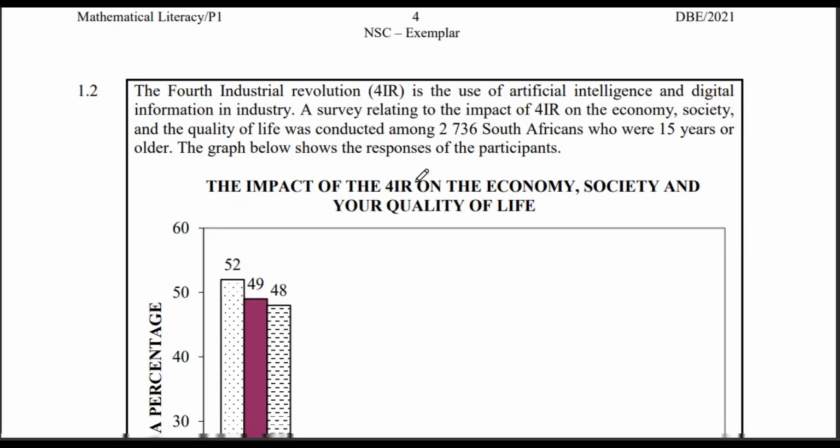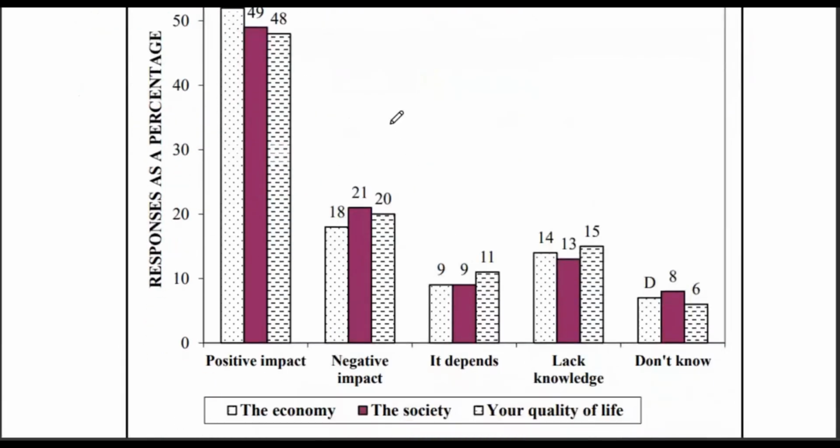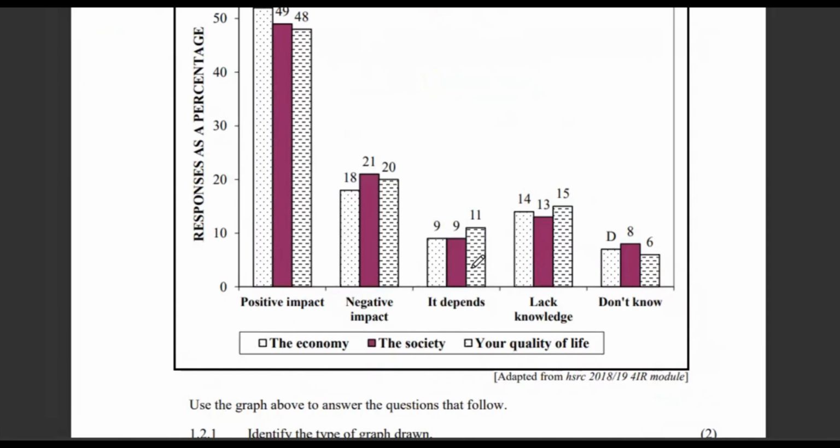We go through it and they're asking now. You look at this and analyze the graph nicely. The first bar here is showing the economy. This is showing the society. Then this is showing your quality of life. You understand? The key is down there.